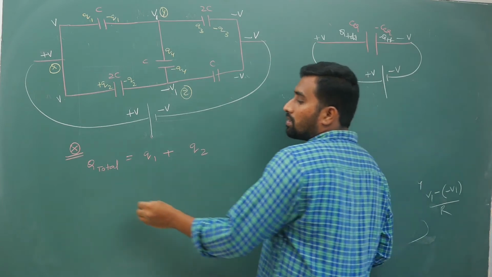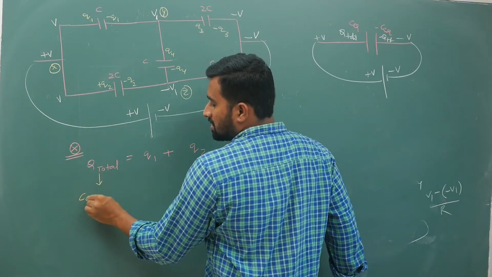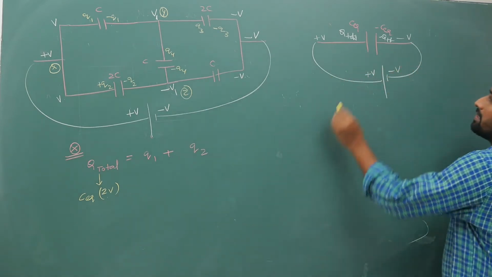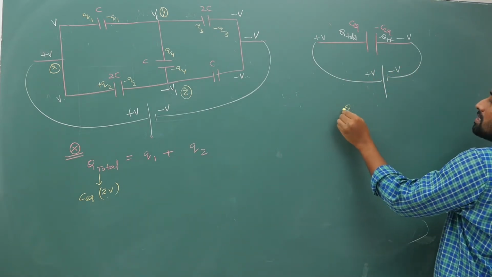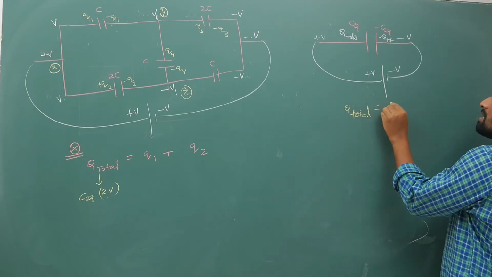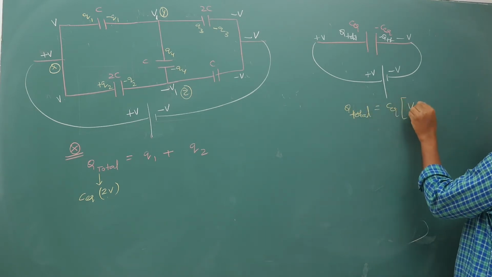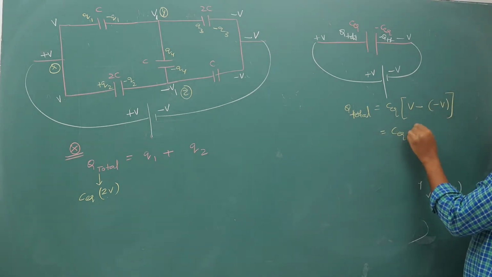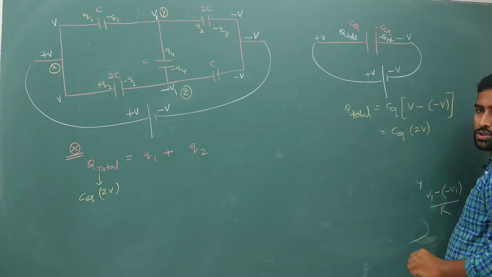Your total charge is C equivalent into 2V. Why 2V? Q total is C equivalent times V minus of minus V, that is C equivalent times V plus V, it is 2V.